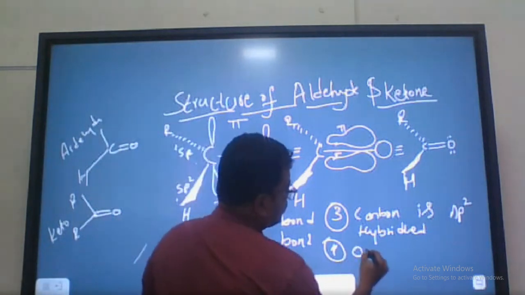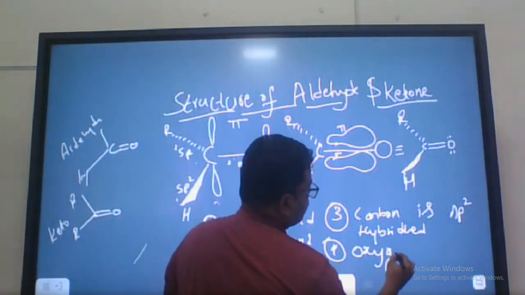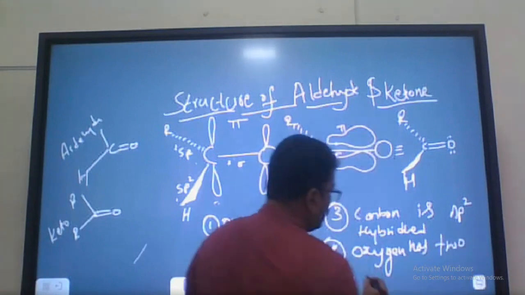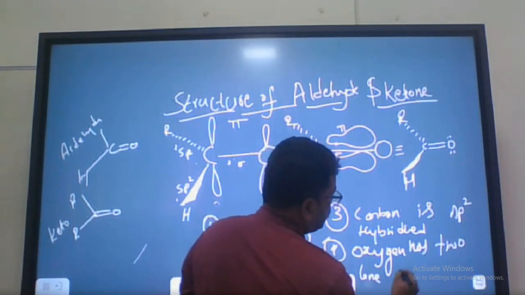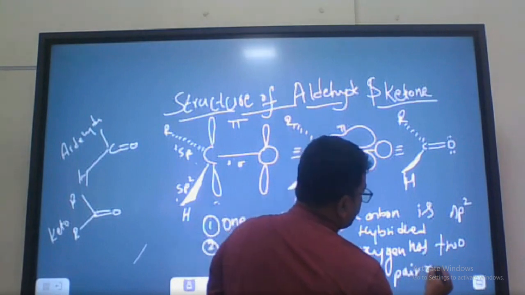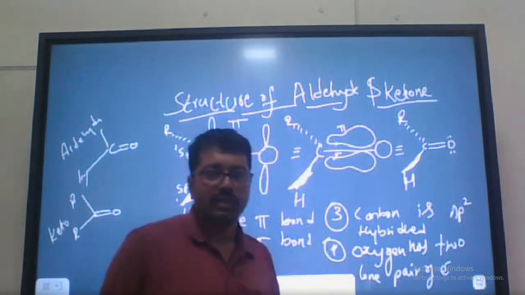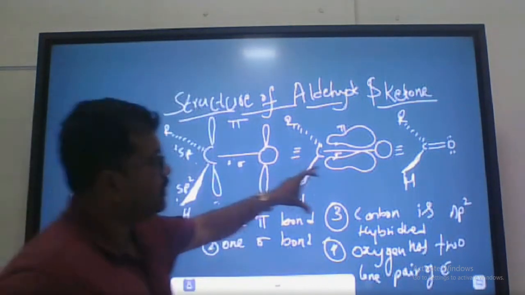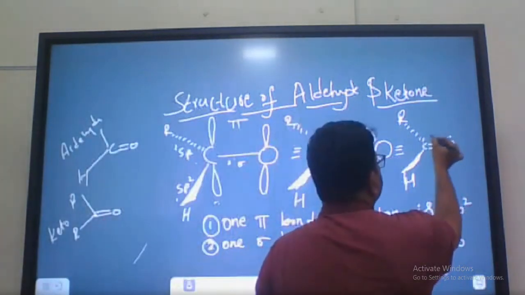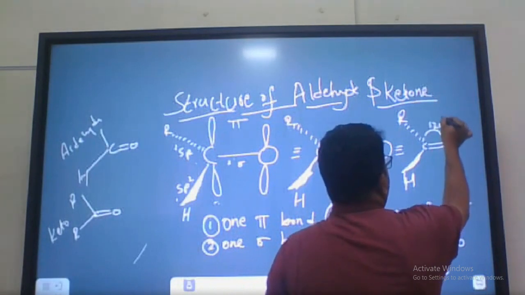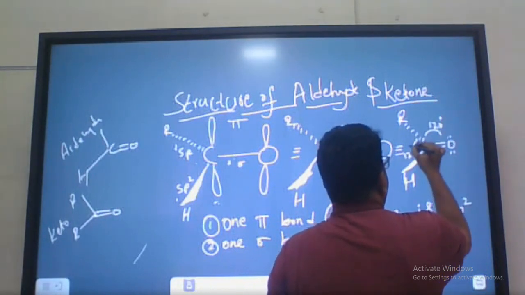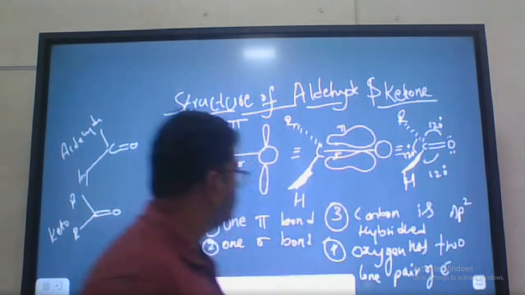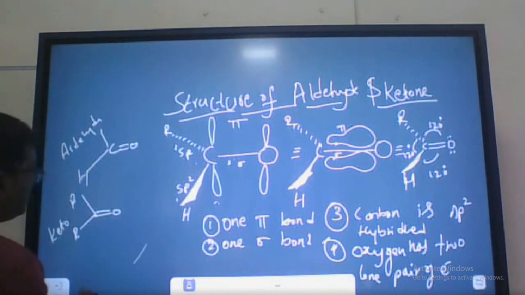Oxygen has two lone pair of electrons. So it is a triangle, and the bond angle is 120 degree.